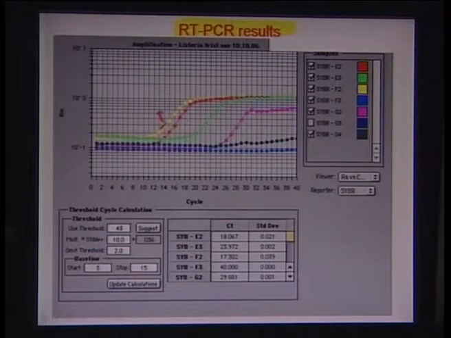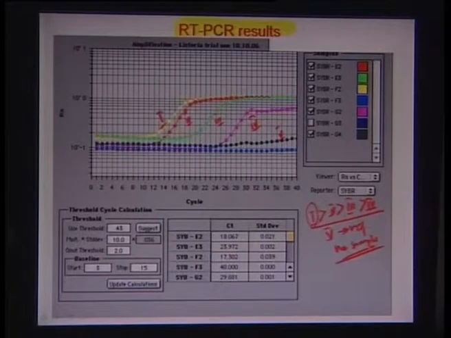Let's say samples 1, 2, 3, 4, 5 contain different initial template concentrations. The first one has the highest template concentration, and the fourth one has the least. The fifth is essentially the reference, so this is no sample. There is no DNA to start with, just the other components in the reaction, and nothing gets amplified and nothing increases the fluorescence.